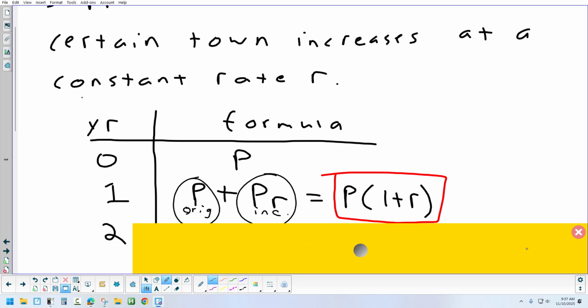Now, let's look at year 2. What is the starting population for year 2? It's not P anymore. P was the starting population, like at the beginning. What's the new starting value that we're going to use for the population at the beginning of year 2?